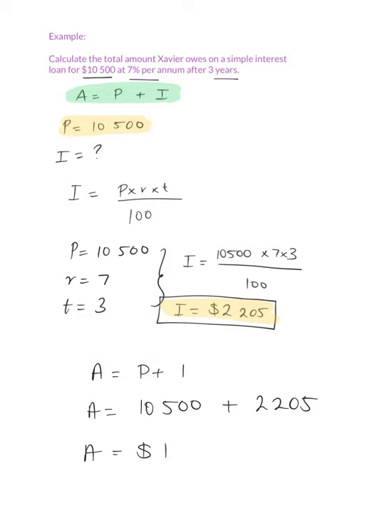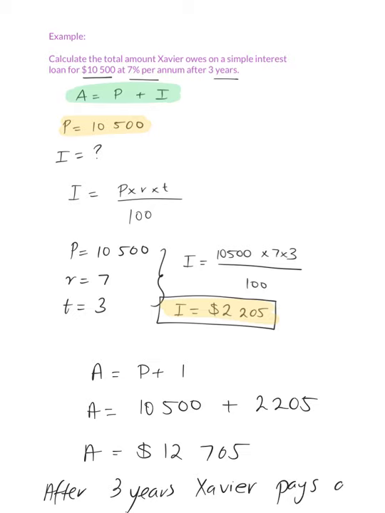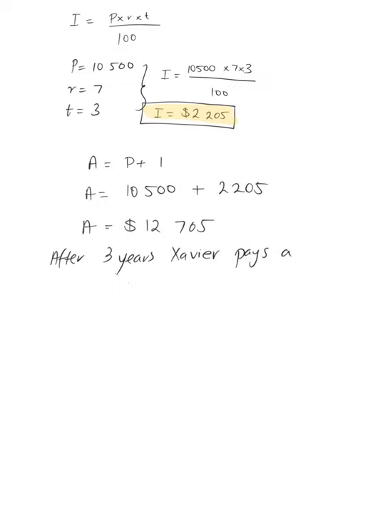And that is 12,705. So after 3 years, Xavier pays a total of $12,705.